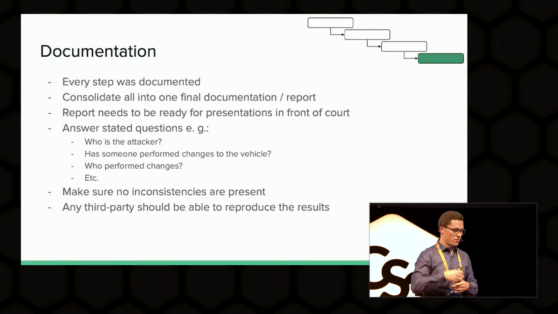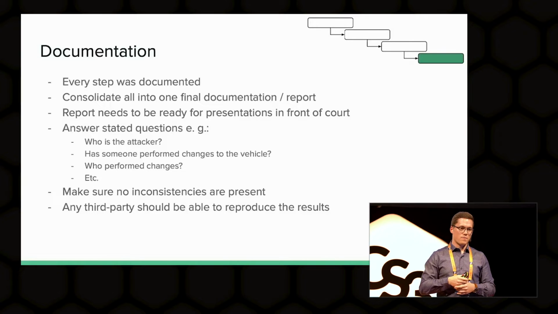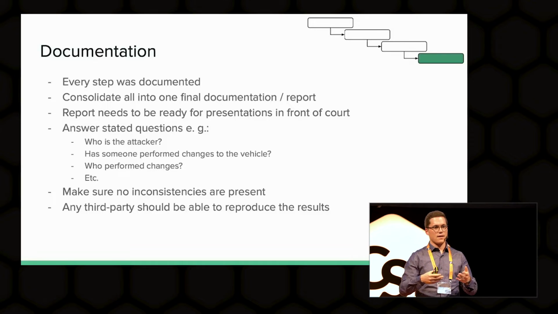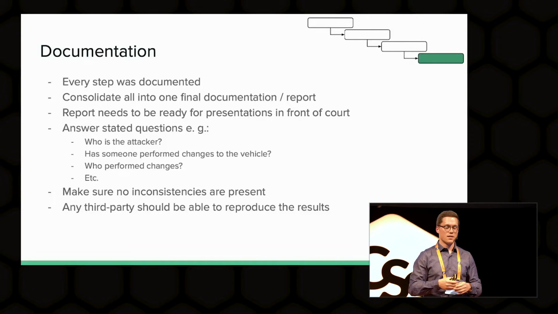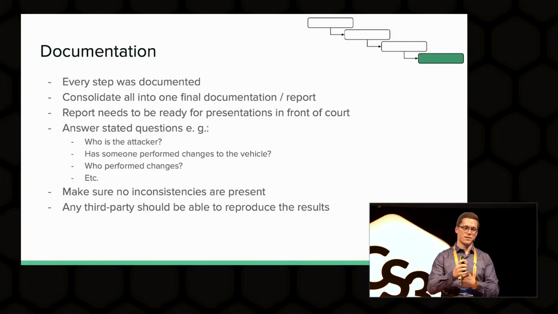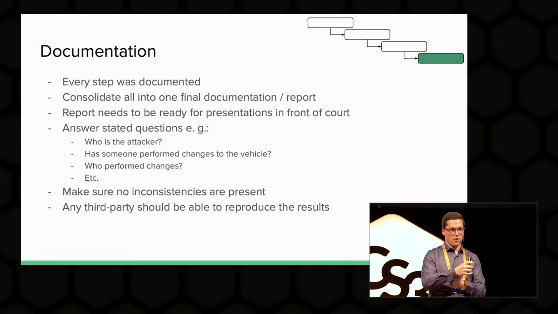As a result, we perform multiple reviews. Questions like who was the attacker, who was the last entity which changed something, who was connected, need to be answered within our report. The goal of the report is first to present it in court, and second, to allow any third party to reproduce the results which we performed.